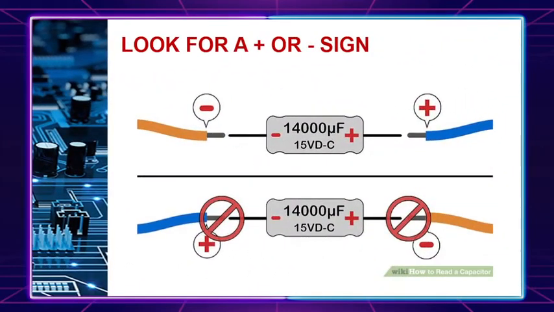So next is the positive or negative sign. This is commonly for electrolytic capacitors. So we should be careful on how we connect the components in a terminal or mount them in a PCB or breadboard.